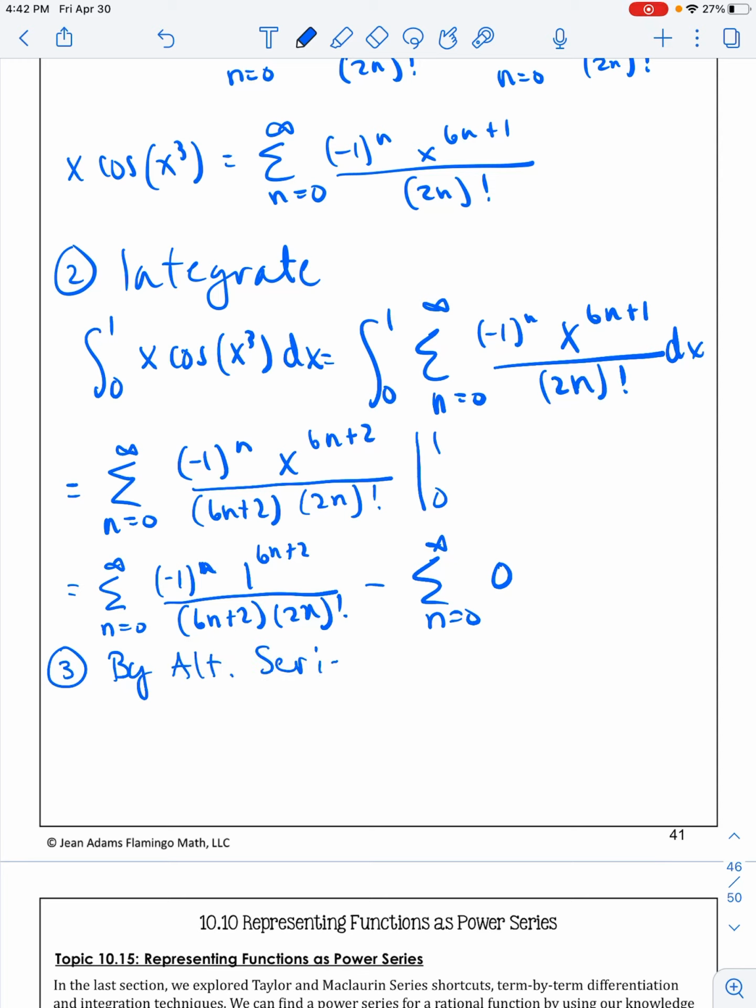And so once you do that, this is going to look like an alternating series, right? And we can use the alternating series test.